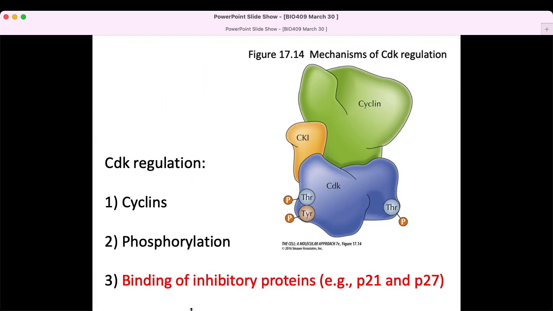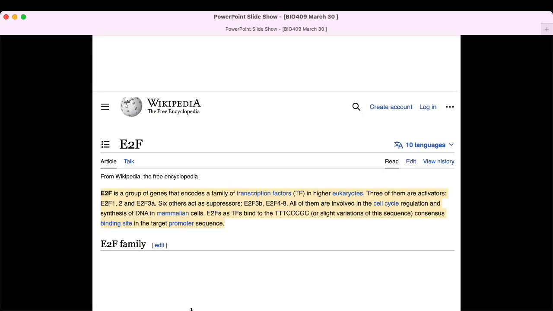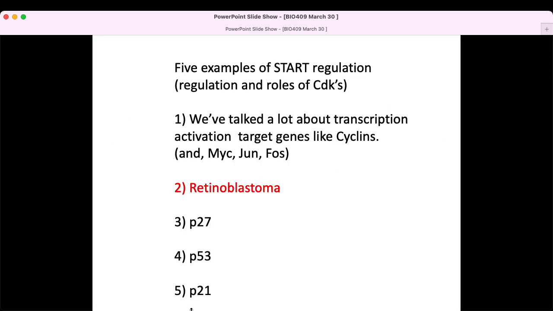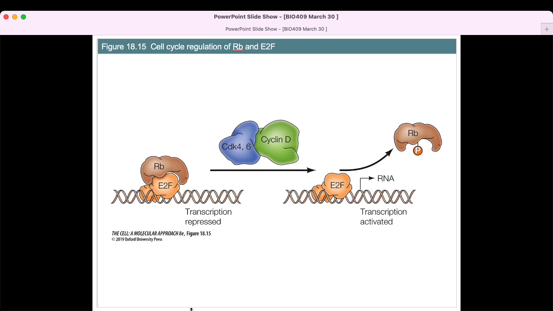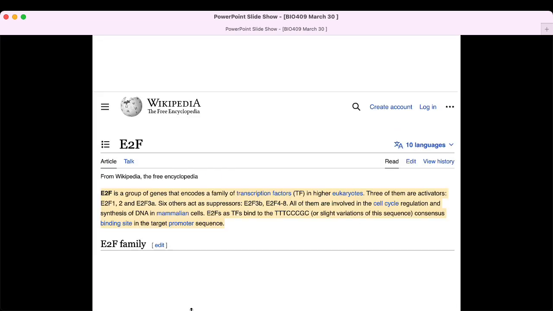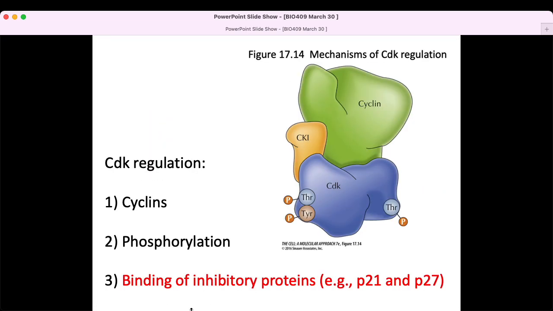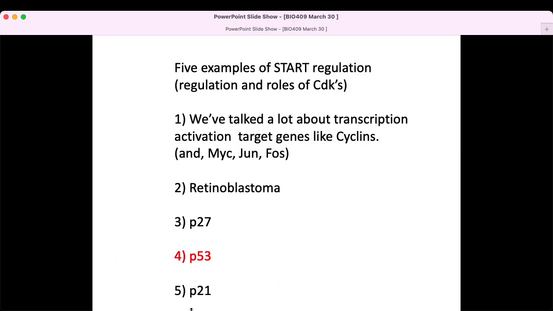All right, then the last two, let's see, where's our list? And so, that's retinoblastoma. Then, the last two on our list are actually together, P53 and P21. We'll talk about P21 by talking about P53.